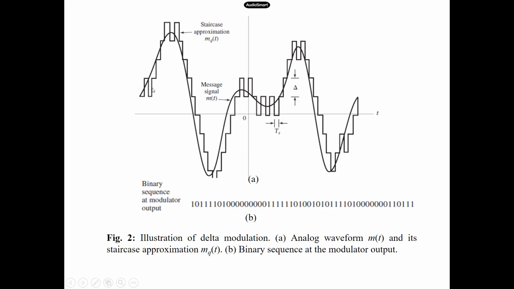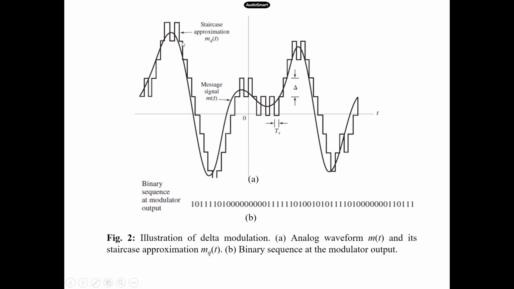You can see that my pulse is increasing, so we have a high, then a low, depending upon this. So it's 4 times 1. Then we have a 0, so we come down, then 1 again.